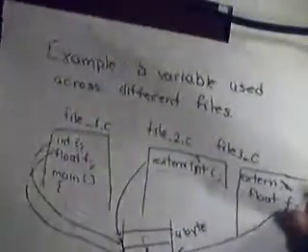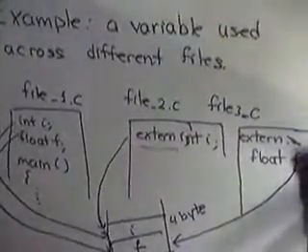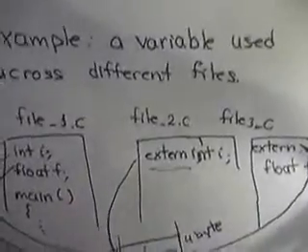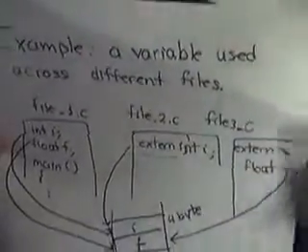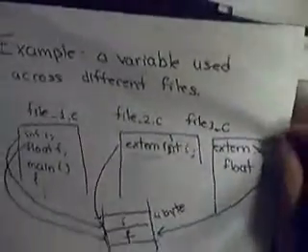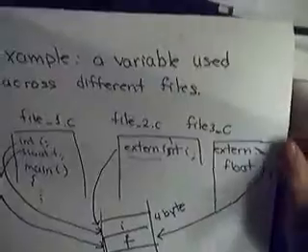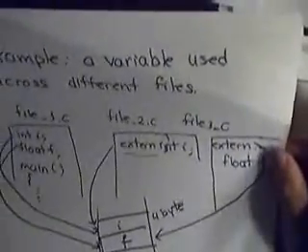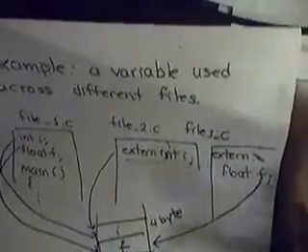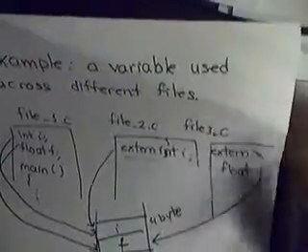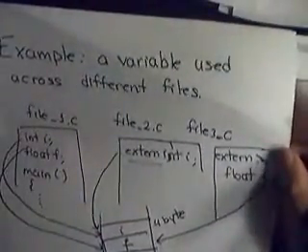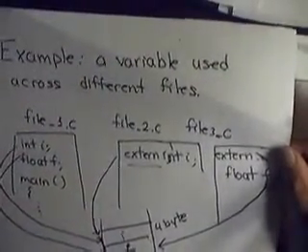So let me show you. Let me go back to the example of extern. Here we see we have instances of what we call a declaration and a definition. A declaration basically just tells us there is an object of some type, but it does not actually allocate the memory.